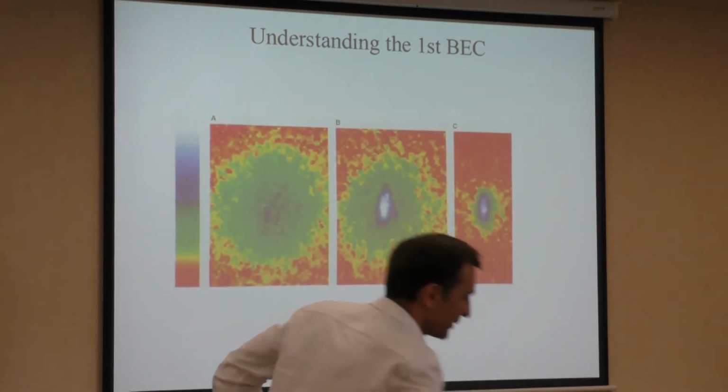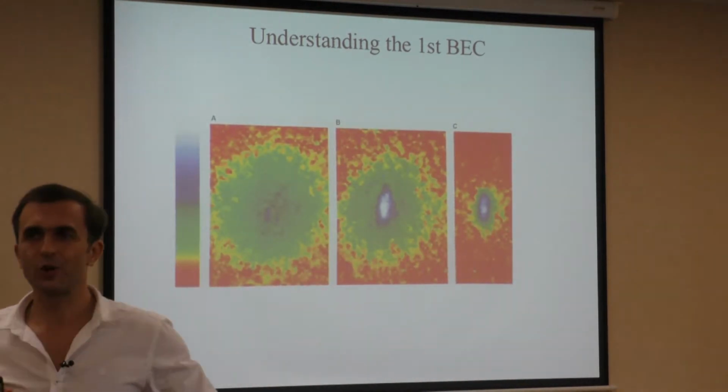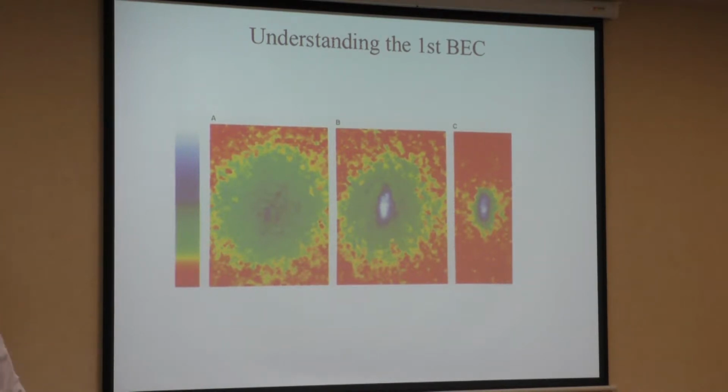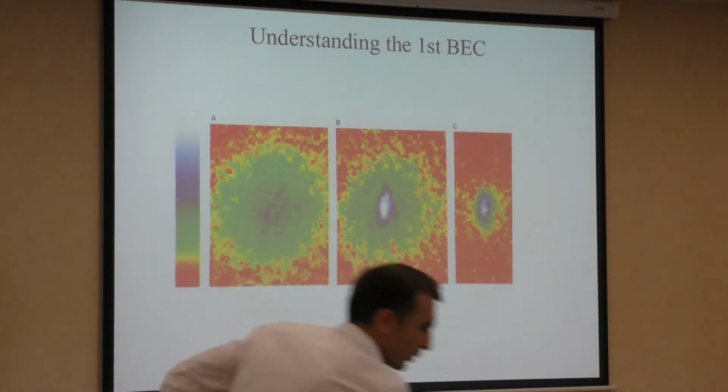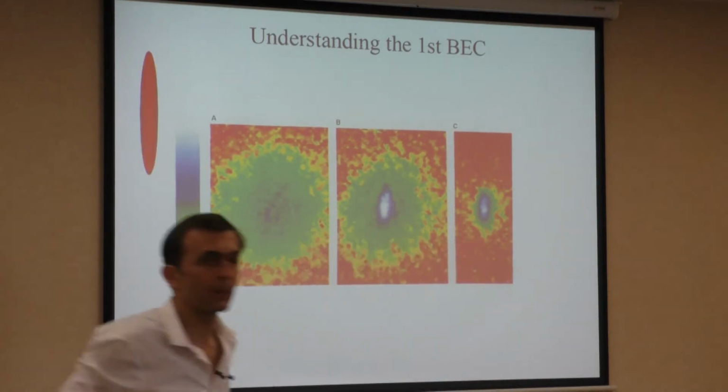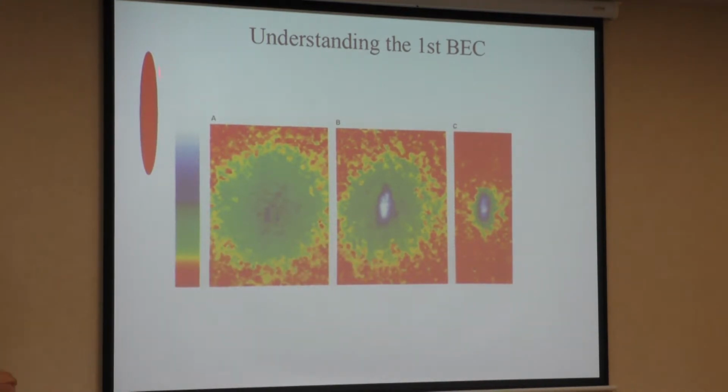Let's look at the raw data presented in the 1995 paper. So the Bose gas in the experiment was confined in a magnetic trap, not an optical trap, not the trap created by the focus of a laser beam, but a magnetic trap of cigar shape.